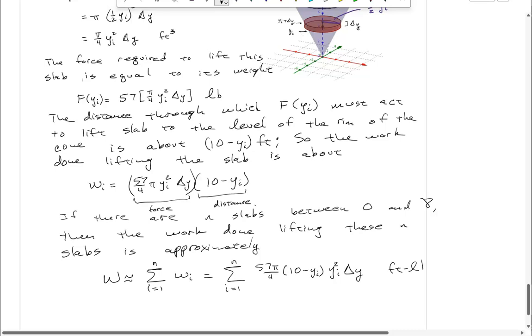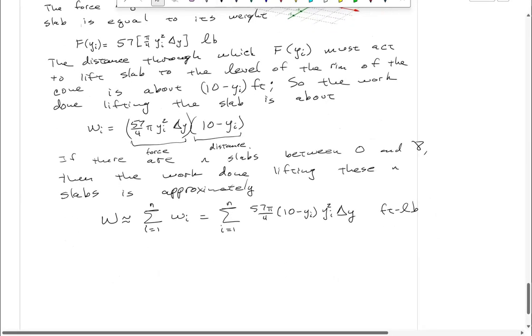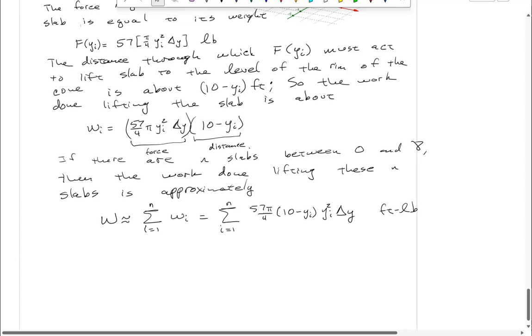Really, the main reason I'm doing that is if we have the delta y in back, when we do the next step, that's going to become a dy, and then we'll be ready to integrate. So there we have the approximate total work done in moving all n slabs to the top of the rim.